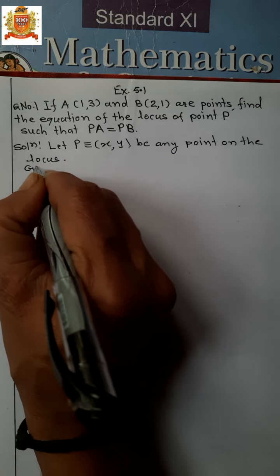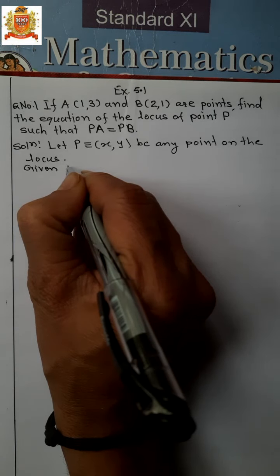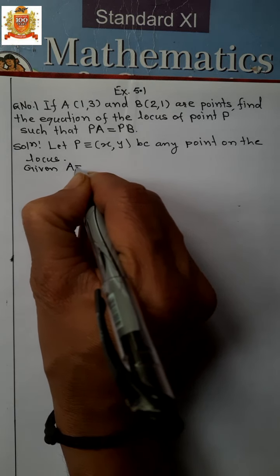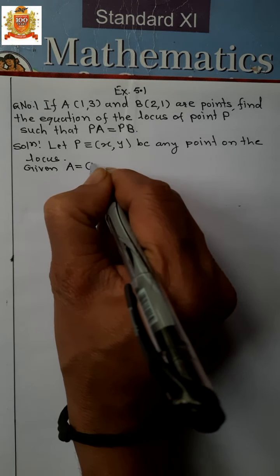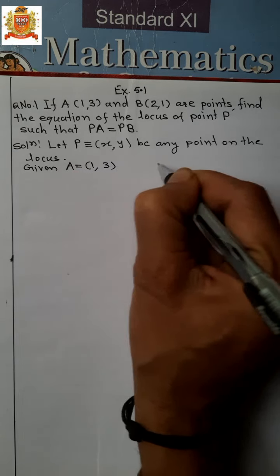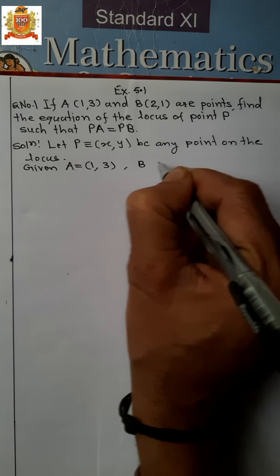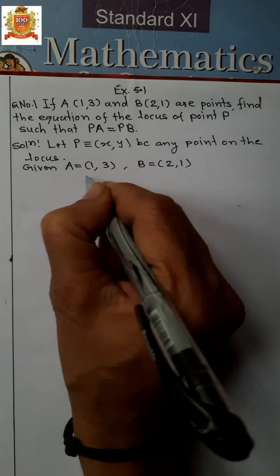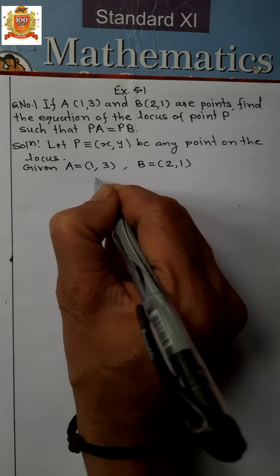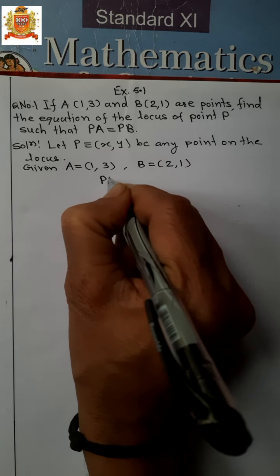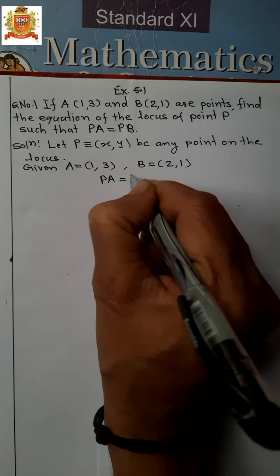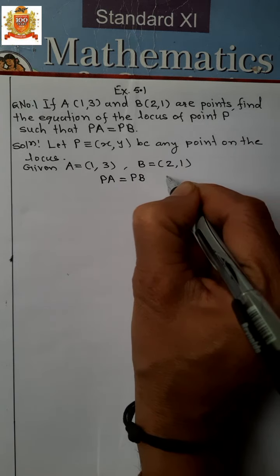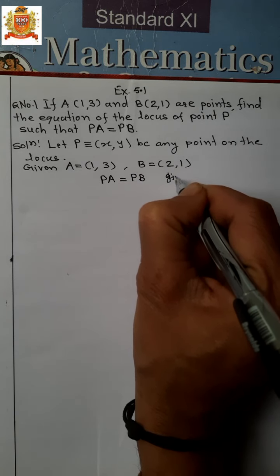Given: coordinate of point A is (1, 3), coordinate of point B is (2, 1), and distance PA is equal to PB. This is given.